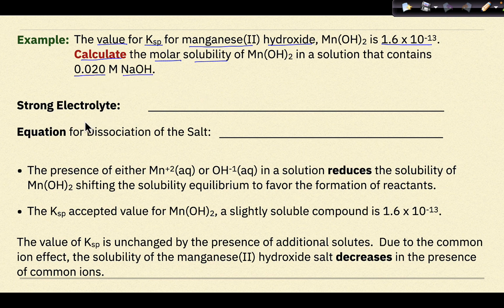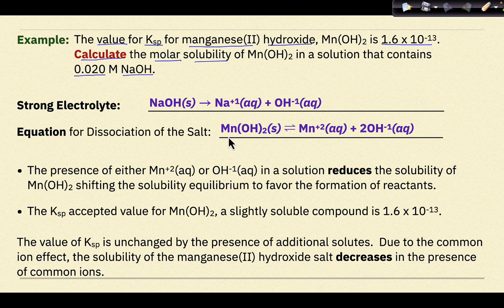So our strong electrolyte in this situation is NaOH solid dissociating into Na+ ions and OH- ions. The equation for the dissolution of the salt is Mn(OH)2 solid in a reversible reaction producing 1 mole of Mn2+ ions for every 2 moles of hydroxide ions.